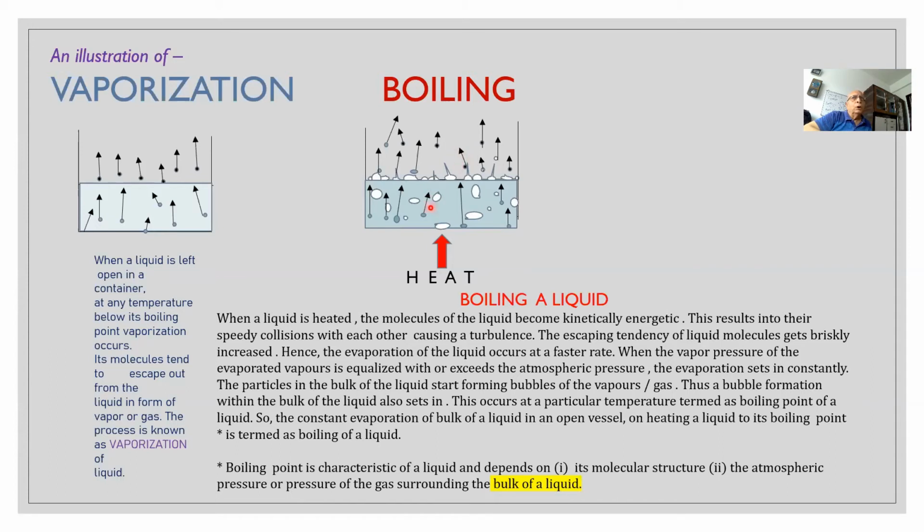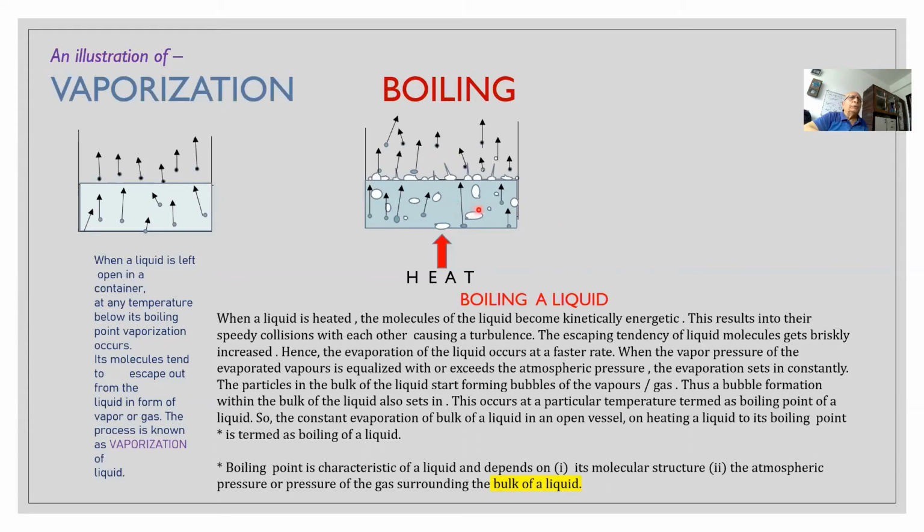Okay. So that is boiling. If the pressure of the gases being formed is less than the atmospheric pressure, the vapors may escape, but boiling won't occur. There won't be any turbulence within the liquid.